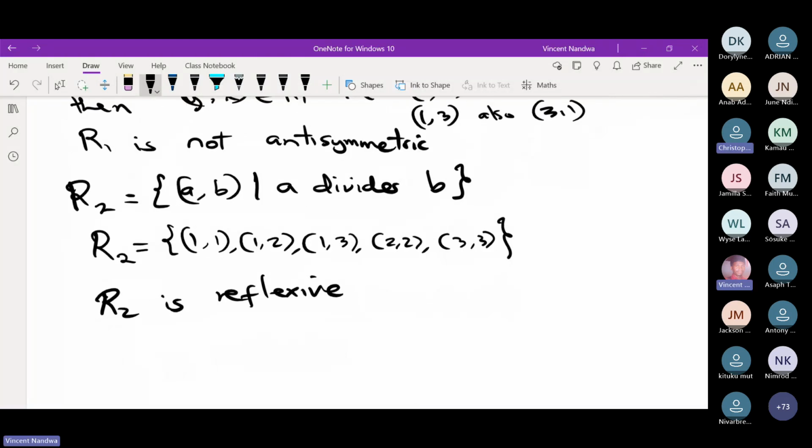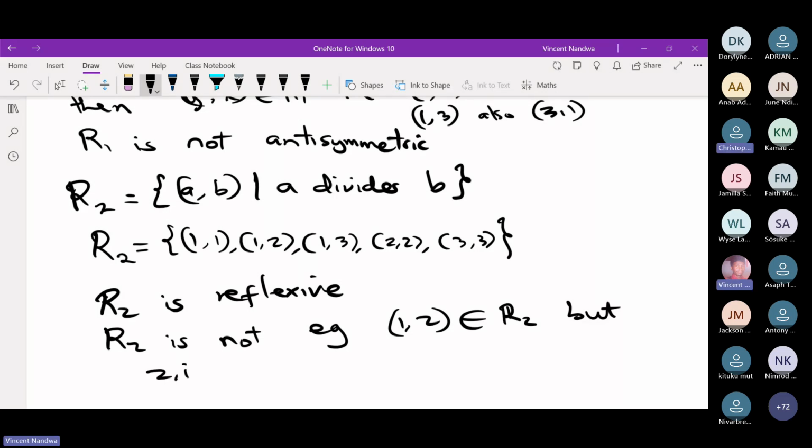And then is it symmetric? It's not. For example, 1, 2 is in R2, but 2, 1 is not in R2.